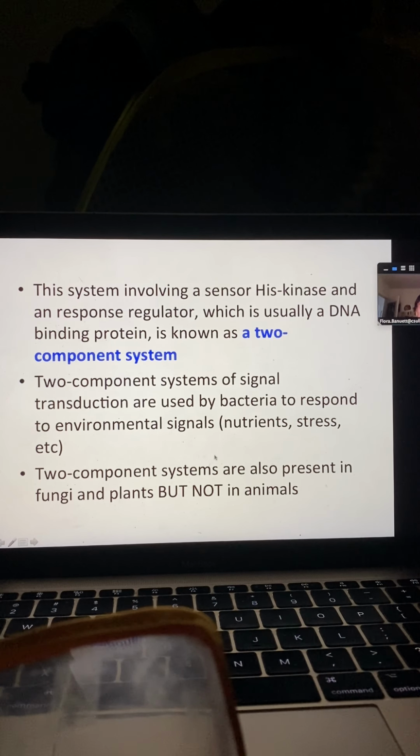So as I said, two-component systems are present in fungi, plants, bacteria, but not in animals. And we know that from sequencing, since we have sequenced so many organisms nowadays that you can find the information readily.